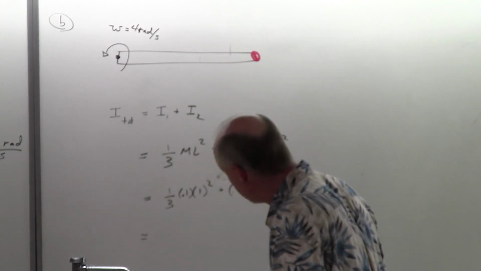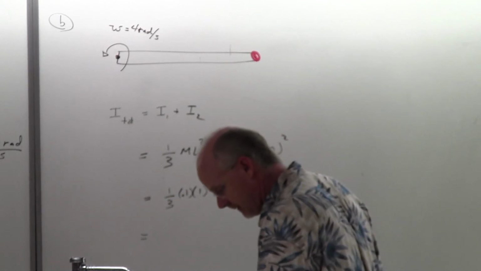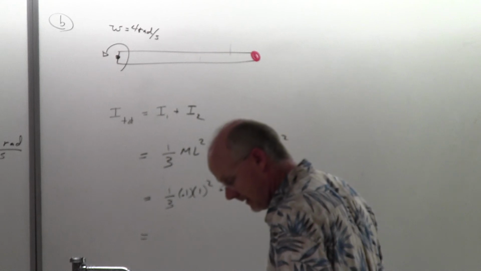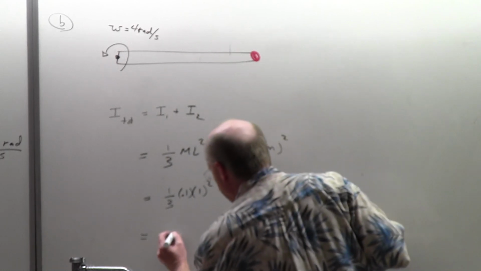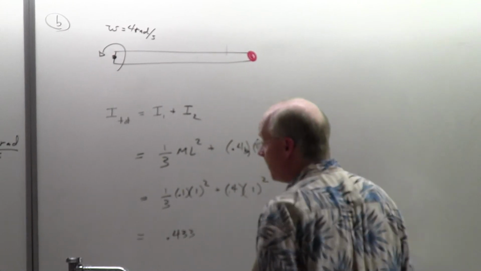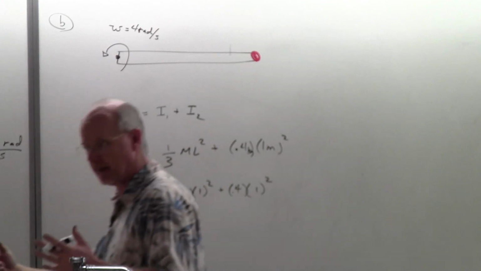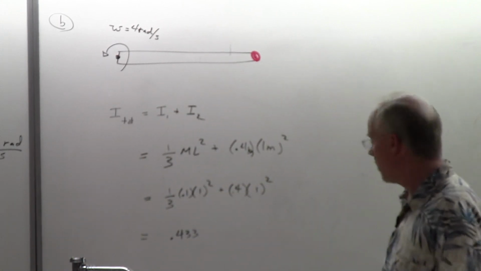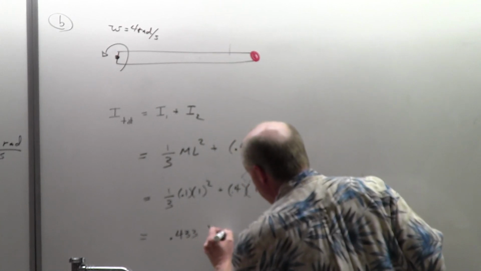0.1 divided by 3 plus 0.4 times 1 squared equals 0.4333. In fact, it should be 4 times that one, because I've basically doubled the distance, and it's doubled squared. And anyway, so it should be 4 times more. And so sure enough, it is.